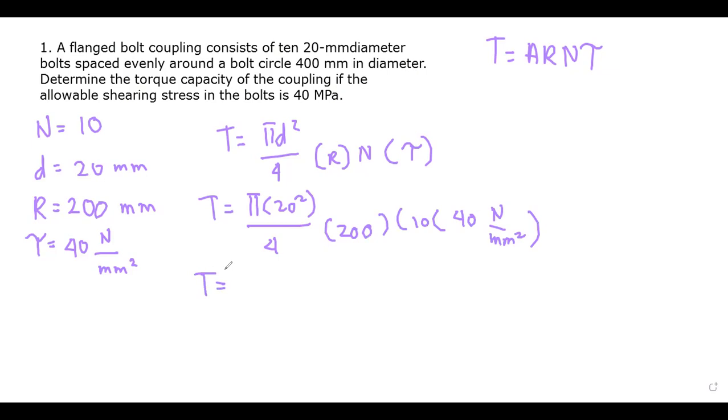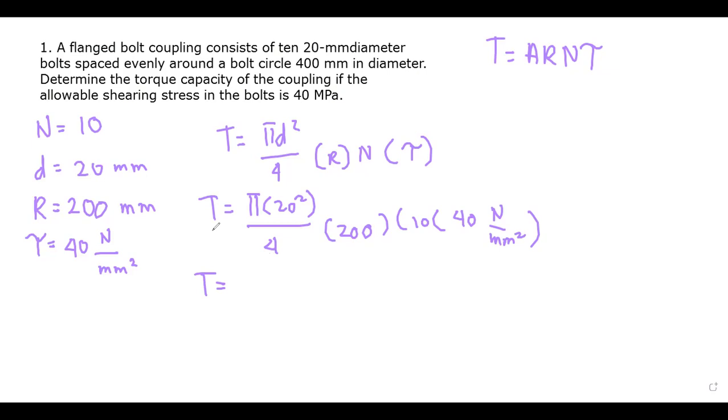20 squared times 10 times 200 times 40 pi all over 4.